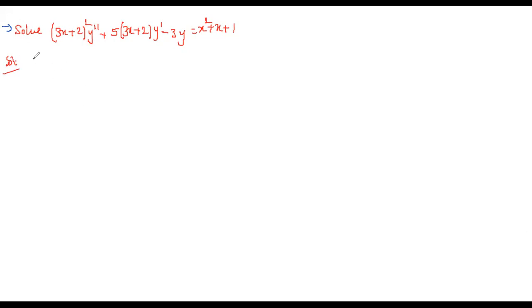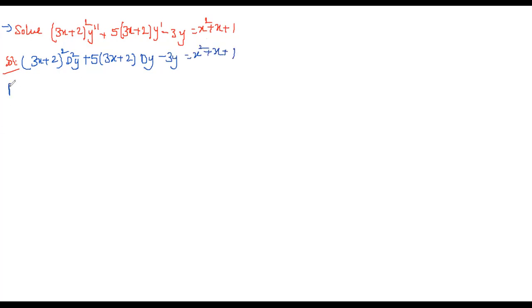It means simply we get 3x plus 2 whole square d square y plus 5 into 3x plus 2 dy minus 3y is equal to x square plus x plus 1.